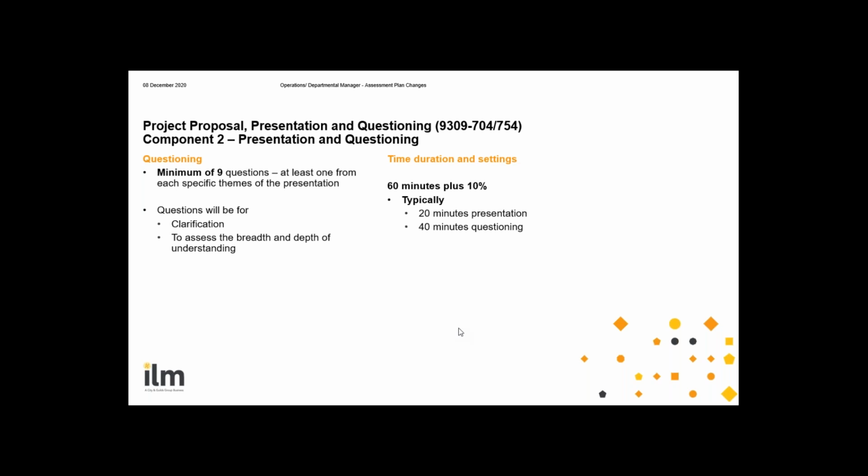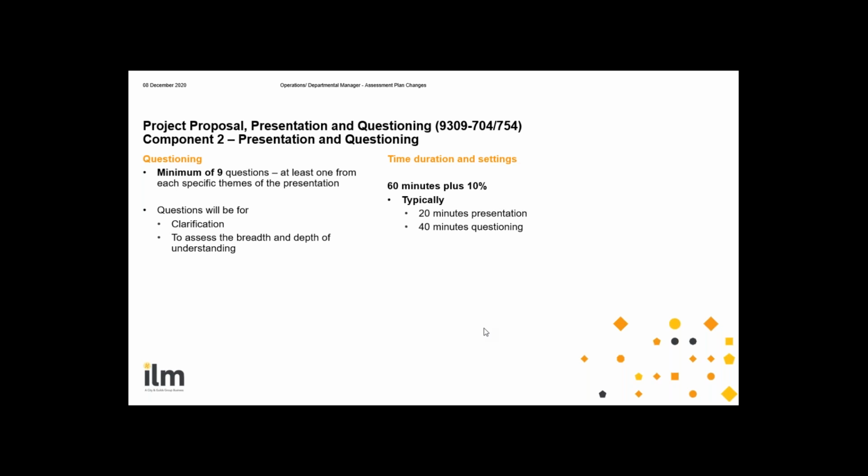In terms of distribution of the time, typically we have 20 minutes on the presentation and 40 minutes with the questioning. The IEPer can allocate the 10% increase in any proportion across the presentation and the questioning.